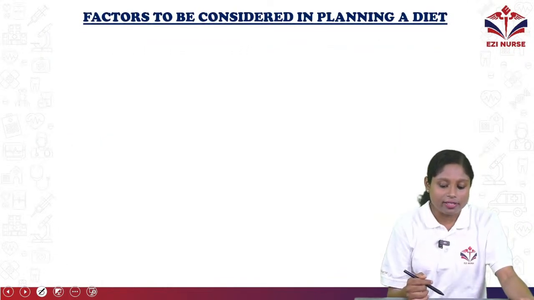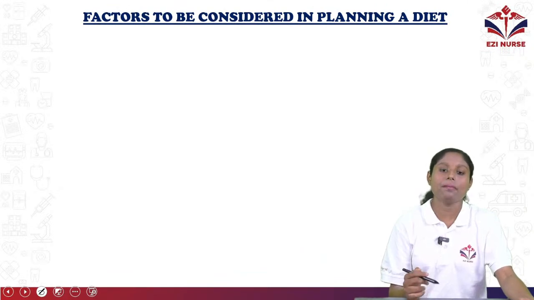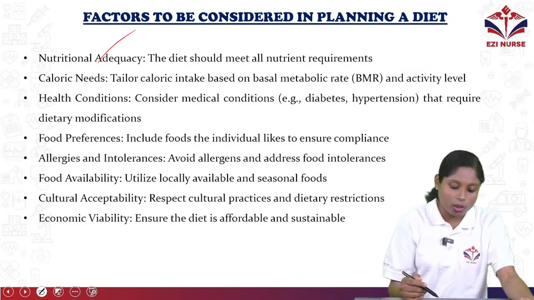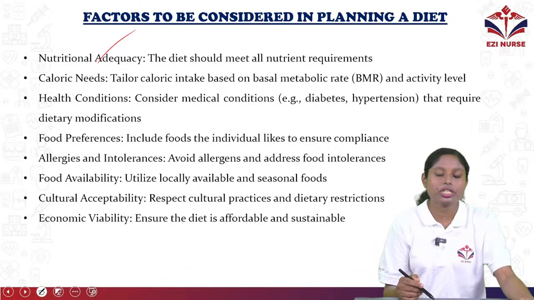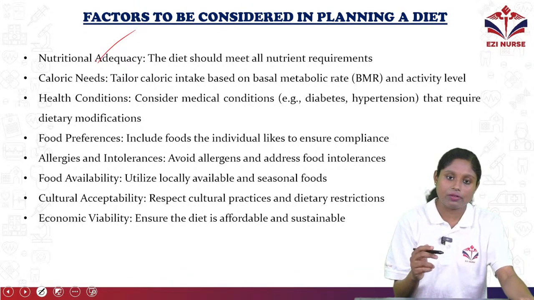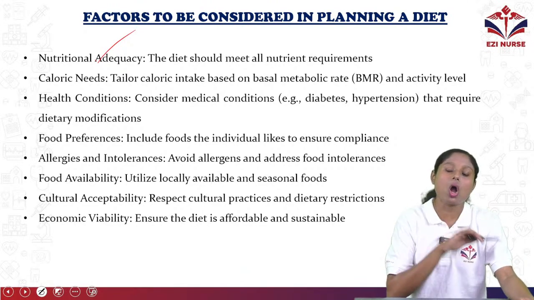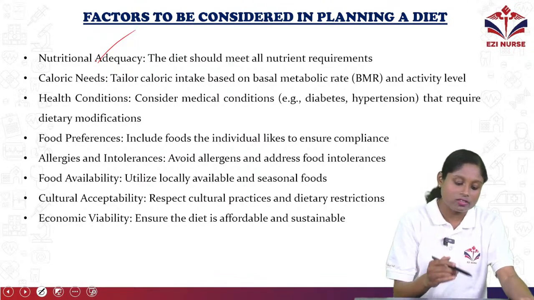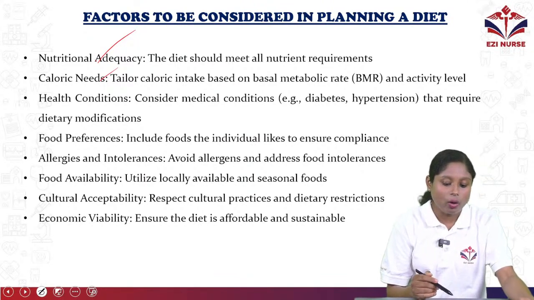Next, we will see factors to be considered in planning a diet. If you are planning a diet, what are the factors you need to consider? Nutritional adequacy. The diet should meet all nutritional requirements of that individual. Then we need to plan for that. Next is caloric need. Tailor caloric intake based on basal metabolic rate and activity level.